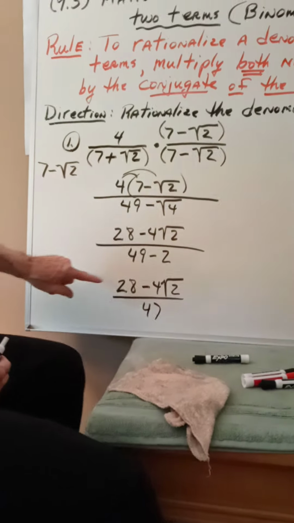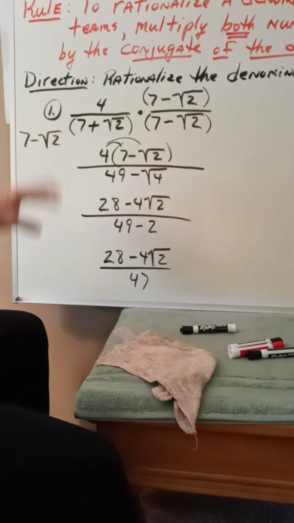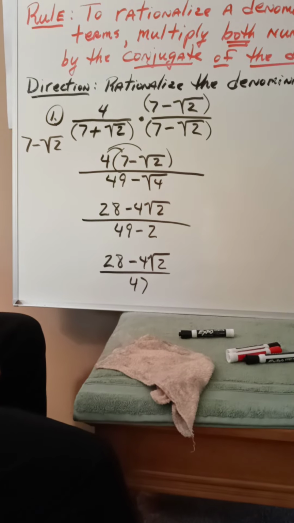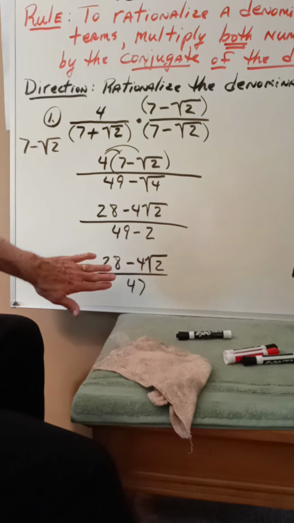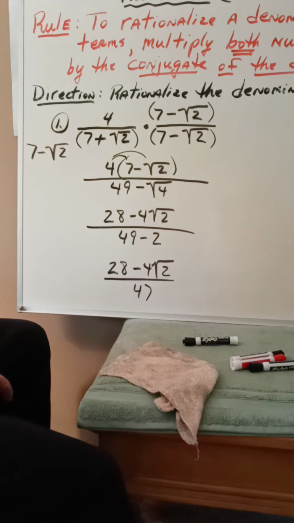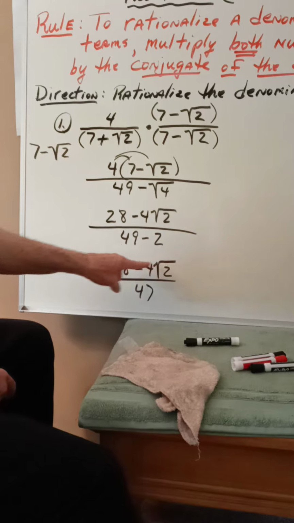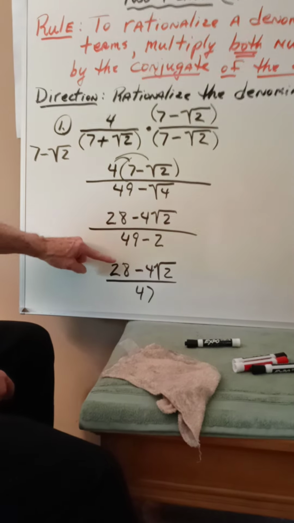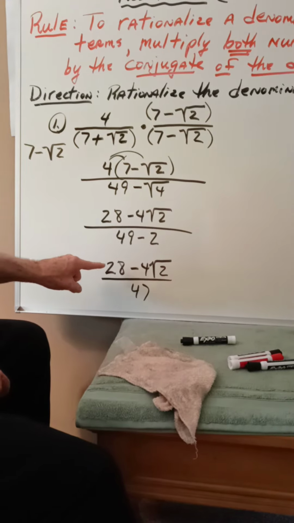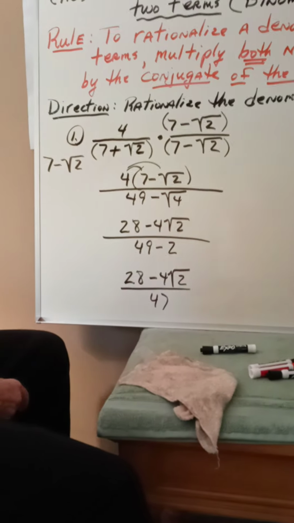Now, folks, I'm pointing down here because I want to make a key point before I move to the next problem. When you're rationalizing a denominator that contains 2 terms, you could end up with a situation at the bottom to where you might have to do a little reducing. Meaning, we have a binomial on top. This is one term, and this is the second term. And if you look at both of those terms, they both contain a common factor of 4.